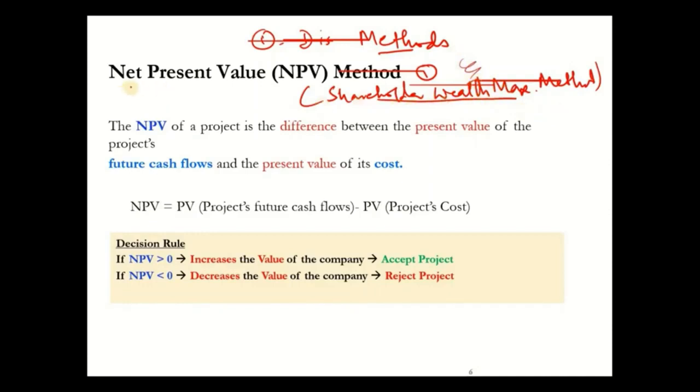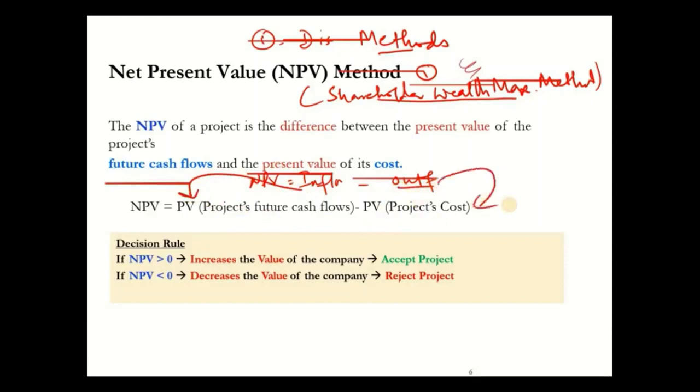And how do we calculate NPV? NPV is equal to inflows minus outflows. When I say inflow, because it is a discounting method, we call it the present value of inflows. And the outflow should also be the present value of outflow.